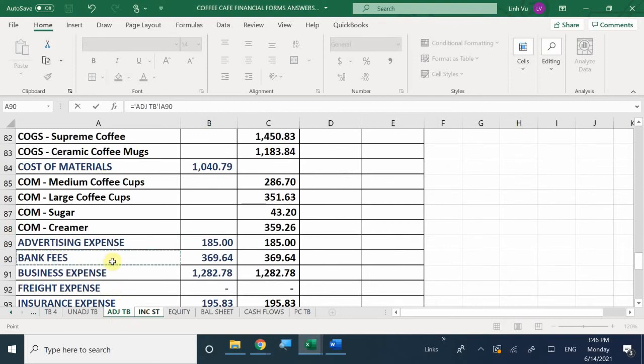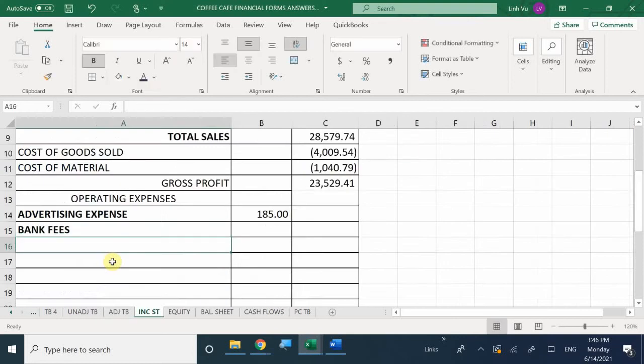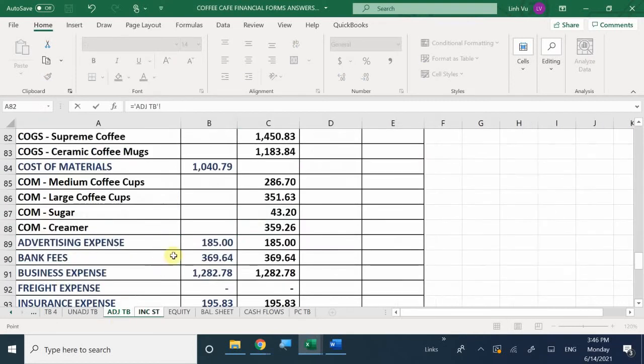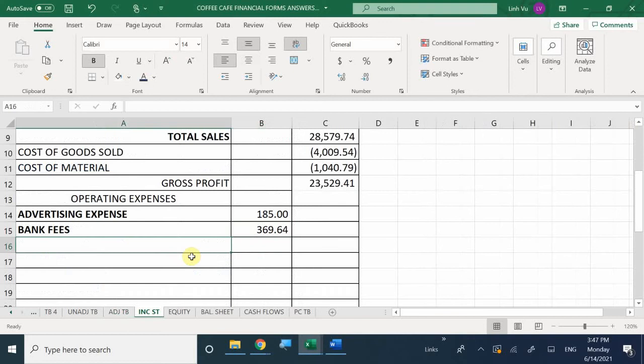Bank fees, right? For a total amount of... oh, wrong one, 369.64. 369.64, okay?